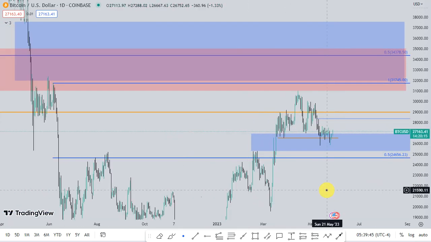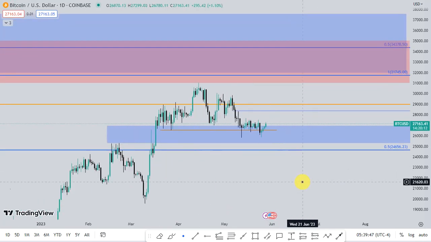So what we should expect in here is that we should see a displacement and a strong move to the upside and market structure shift, then a higher low on this level.